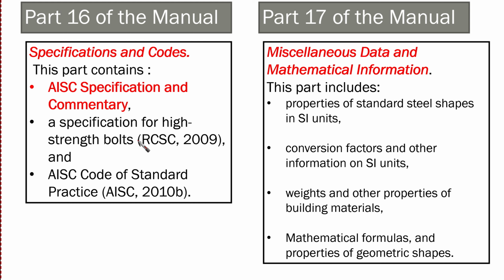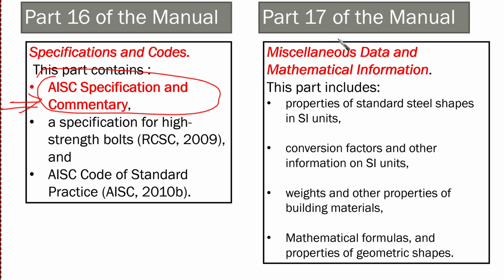It also includes a specification for high strength bolts, and the AISC code of standard practice. The most important part here is the AISC specification and commentary. This is very important for you. You are going to refer to it many times while you're designing.